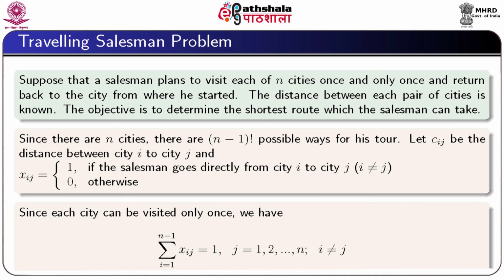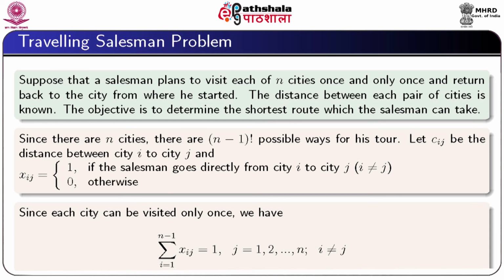Since there are n cities, there are (n minus 1) factorial possible ways for his tour. Let Cij be the distance from city i to city j, and Xij is equal to 1 if the salesman goes directly from city i to city j, where i not equal to j, and Xij equal to 0 otherwise.